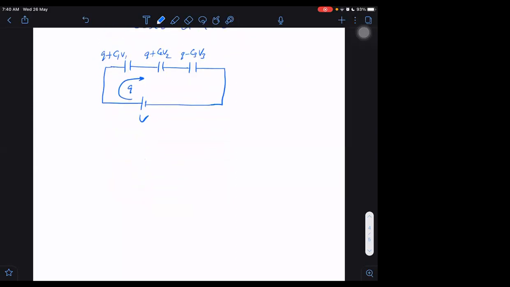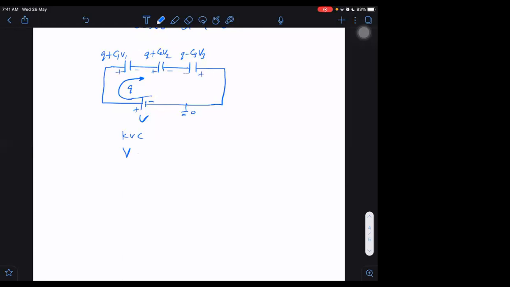Let us write the KVL equation then. Starting from the earthing terminal on this side, if I go in a clockwise direction, I get V first, and then potential is decreased, and then increased.